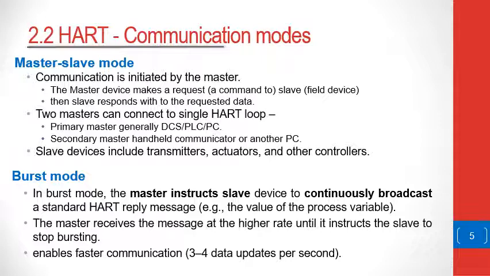So let's say it requests the device to continuously respond with the temperature. In this case, the master receives the data at a higher rate, typically 3 to 4 times per second, which is much faster than the typical mode. So in burst mode, HART networks can be a bit faster.